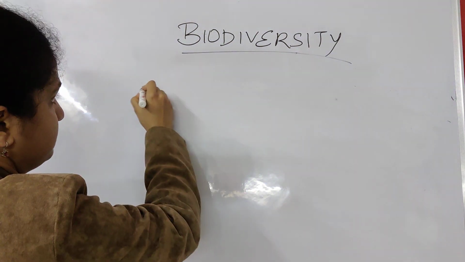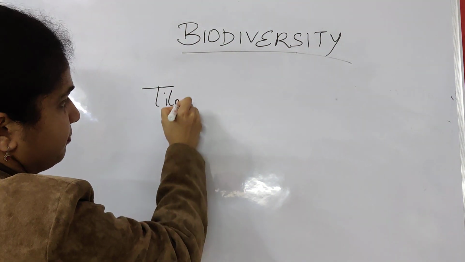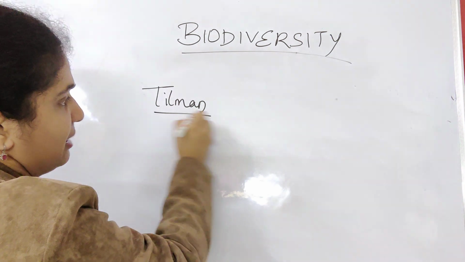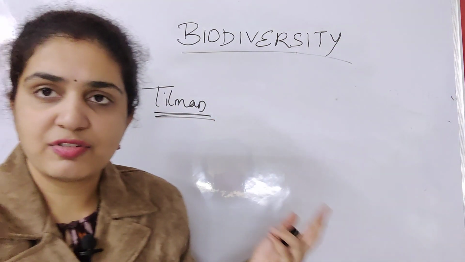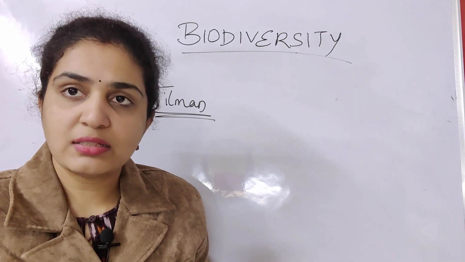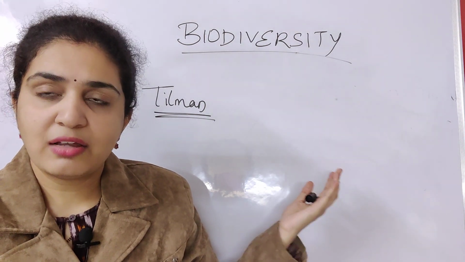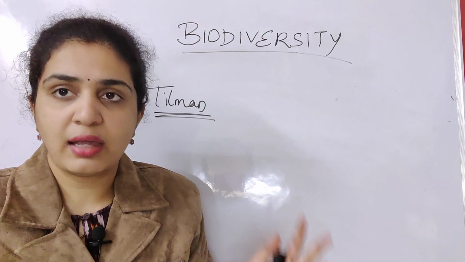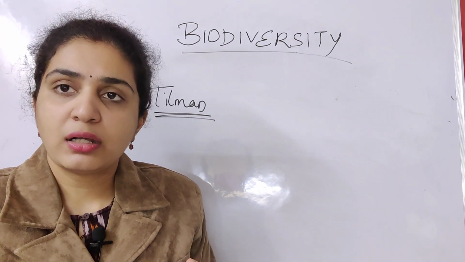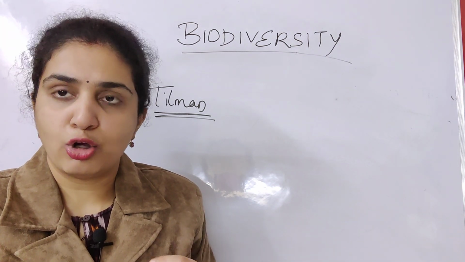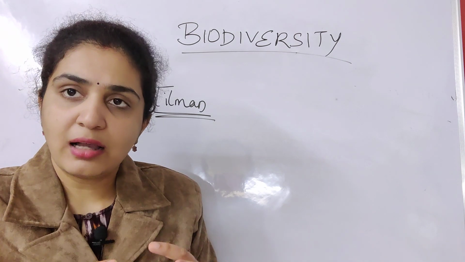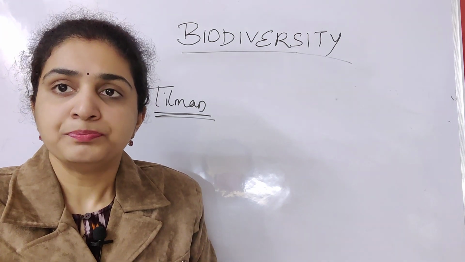So Tillman, a famous scientist. Till now, we have seen only one scientist, and the other one is the species-area relationship, which I'll discuss. Normally, if you see a stable, normal community, what will happen in that community?